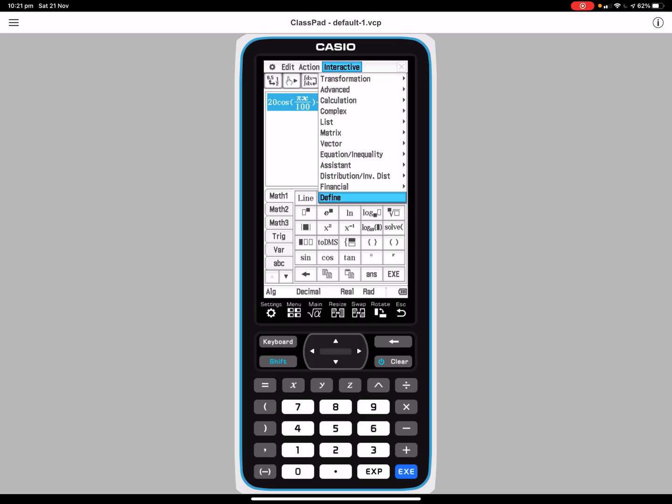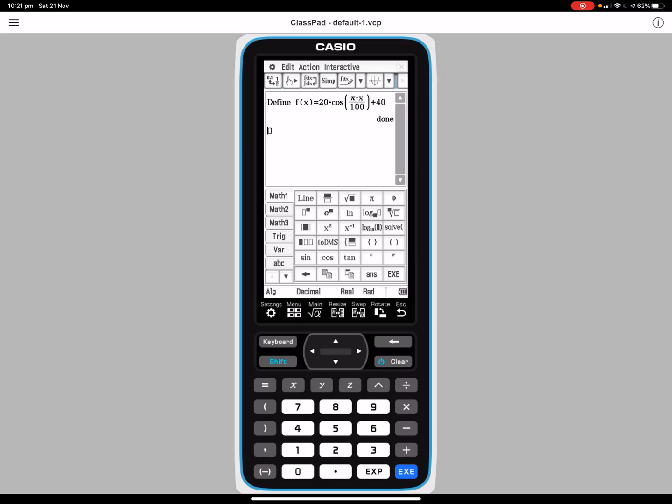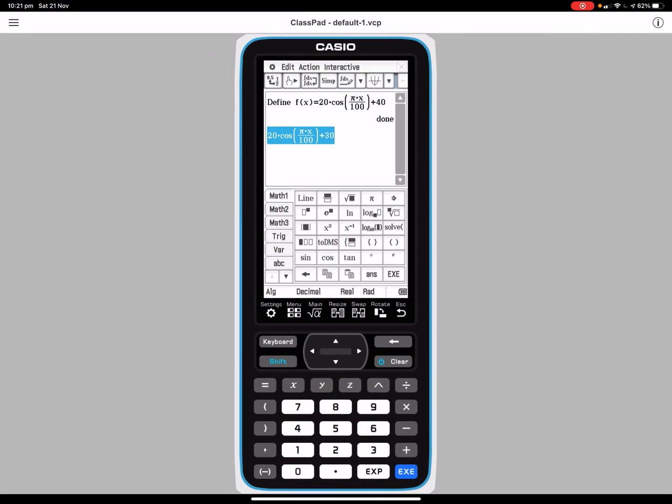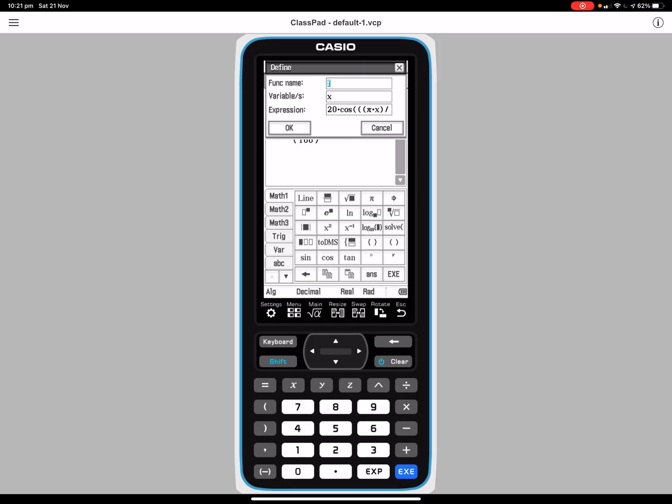Define that as our top graph, f of x. And I'm pretty sure the other one is the same thing but plus 30. It's just been translated down 10. So once again, we'll call that g of x.